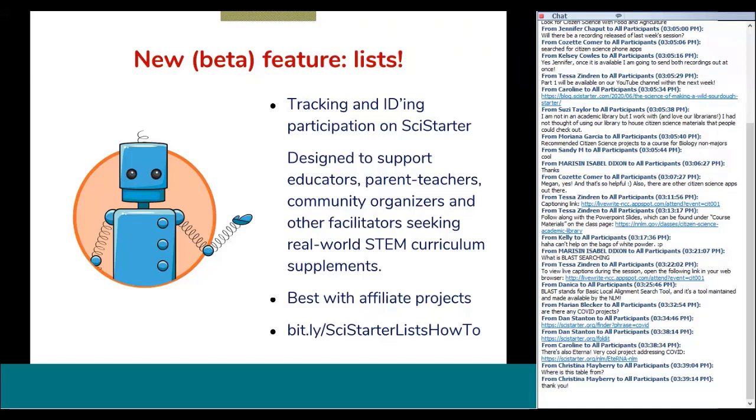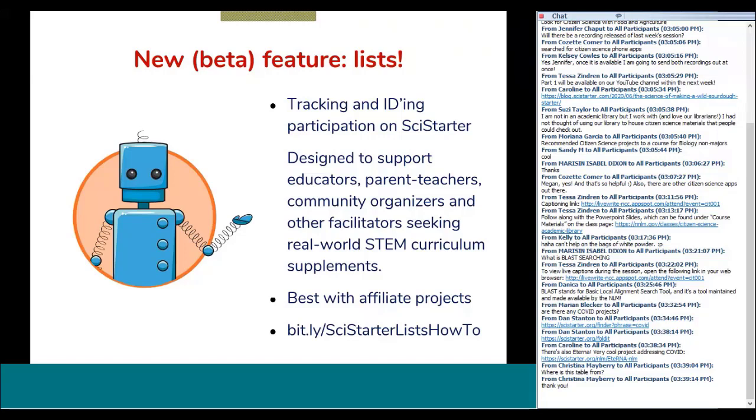And for the projects on that list that are affiliate projects, those projects that have gone the extra mile to work with SciStarter to assess collective impact and allow people to keep track of their participation in their SciStarter dashboard, the number and frequency of their contributions, you're able to see from analytics, just the list owner can see those analytics, for users who are accessing projects on that list and the number and frequency of their contributions.